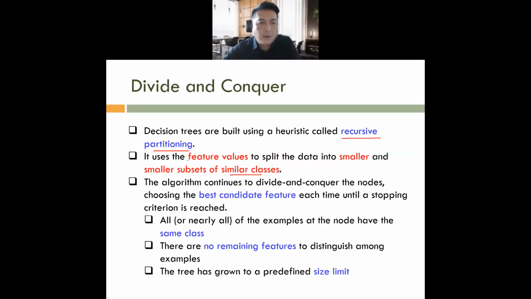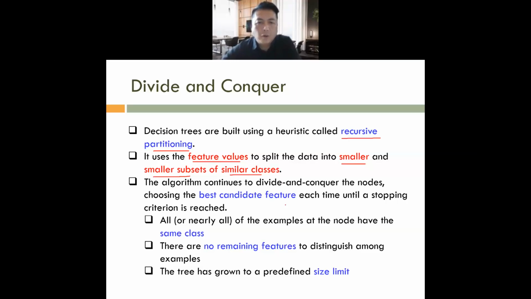It uses the feature values to split the data into smaller and smaller subsets of similar classes. So we use the best attribute that can split your data into subsets of similar classes. Okay?